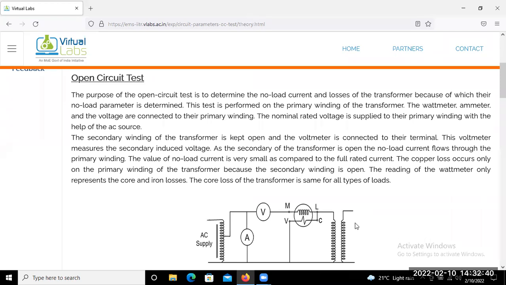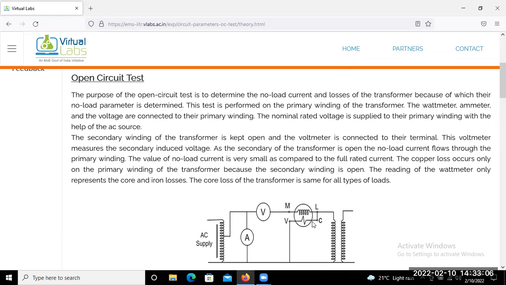ML is, sir, current coil, sir. And VC is moving coil, sir. Exactly. ML is your current coil and VC is your moving coil or pressure coil. So these are the two coils in the wattmeter. Okay. So in an analog wattmeter, these two terminals are for the current coil and these two terminals are for the pressure coil.